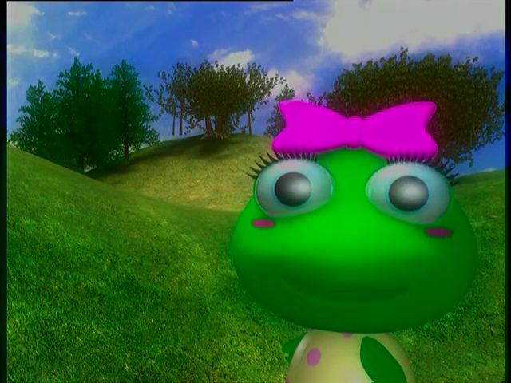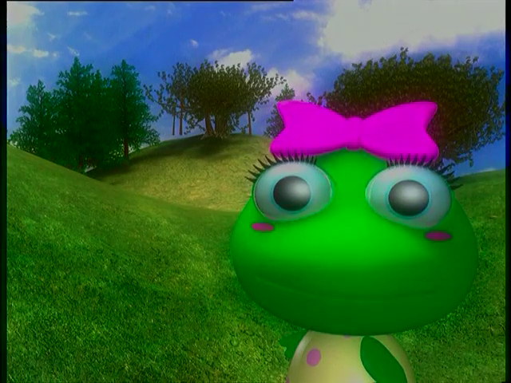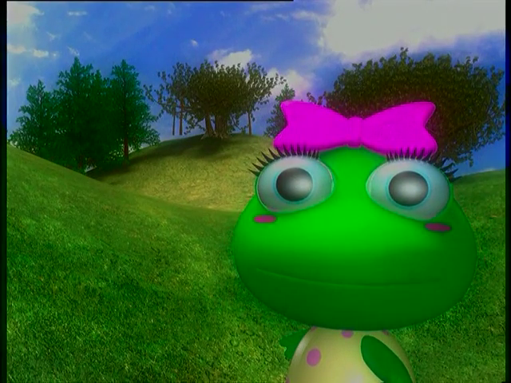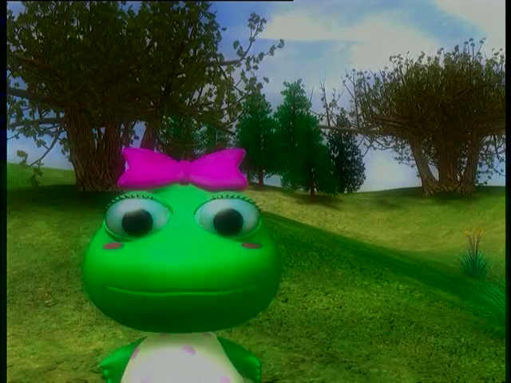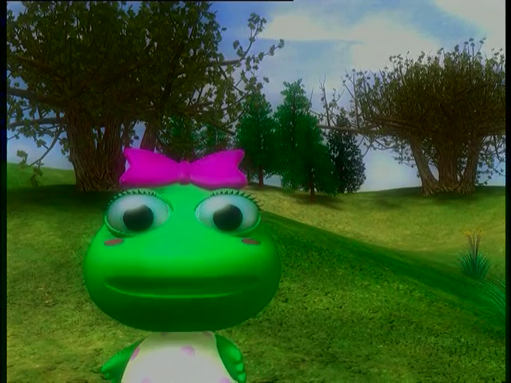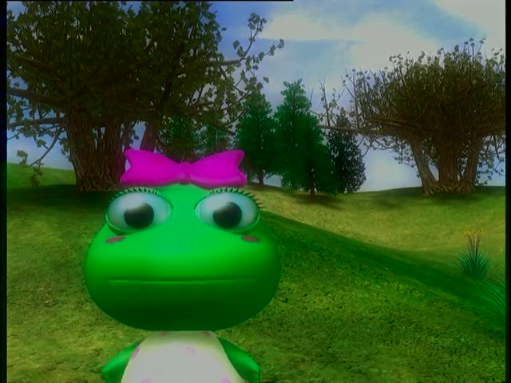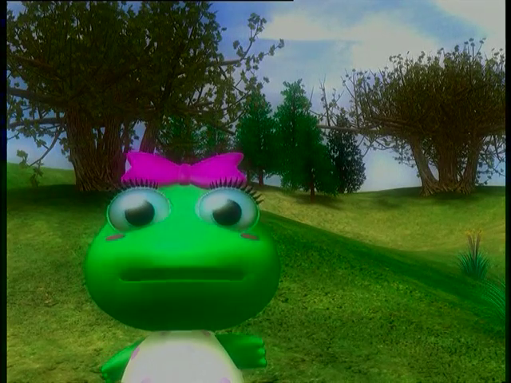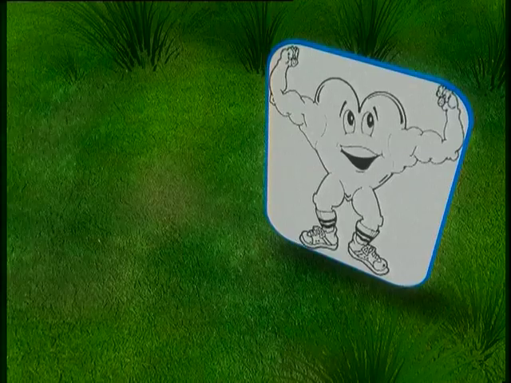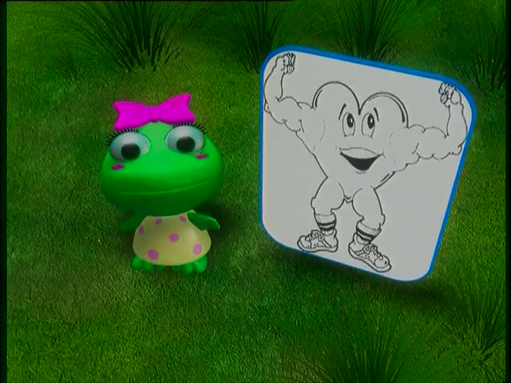Insect is one of the agents of pollination. Insects also feed on plants. That's why I like plants. You do eat vegetables, don't you? They make you strong and healthy.